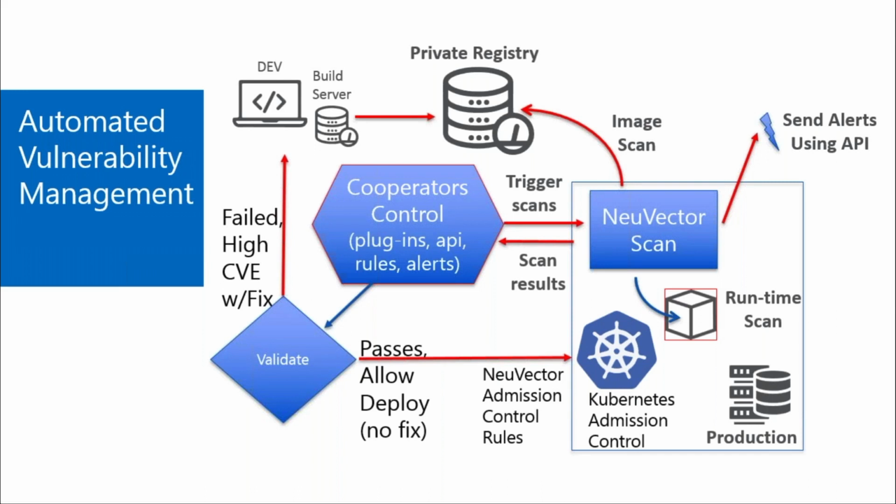Now, if you have a high CVE and there is no fix, there is no option. Our security thought process was that when NeuVector scans, it says you have a high CVE, this is the CVE and this is the fix for that. So you know there is a fix available.